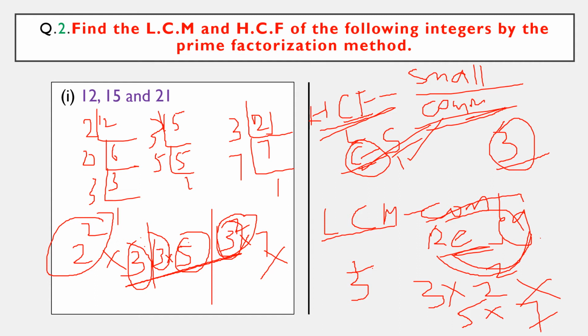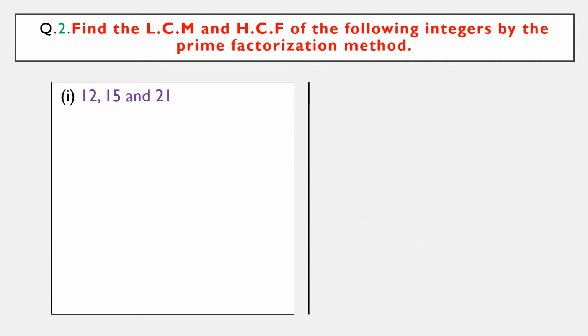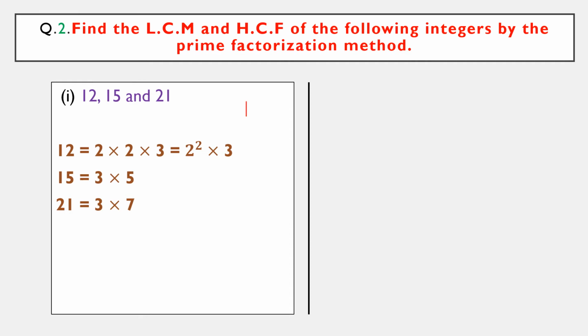You'll understand this better if you see the following problem. Okay, so 12 you got 2 square into 3. Next 15, next 21. Now for HCF, you should take out the smallest power, only from the common things.